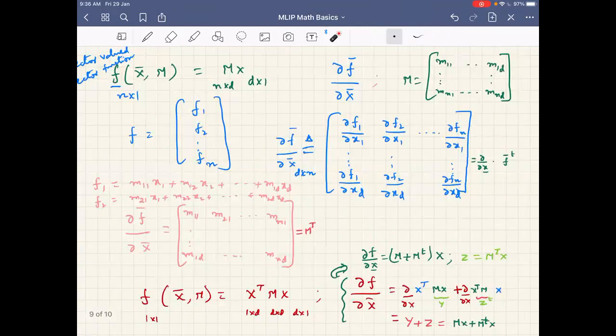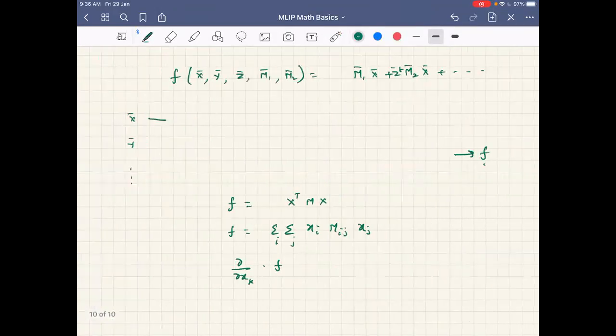In fact, these two are very important identities. I will keep using them, so I will just summarize here. So far the derivatives: dou f by dou x we have found, when f is equal to Mx, is M transpose, right?